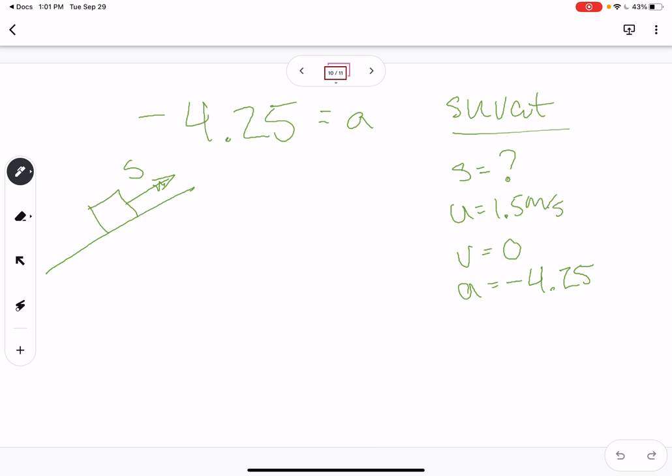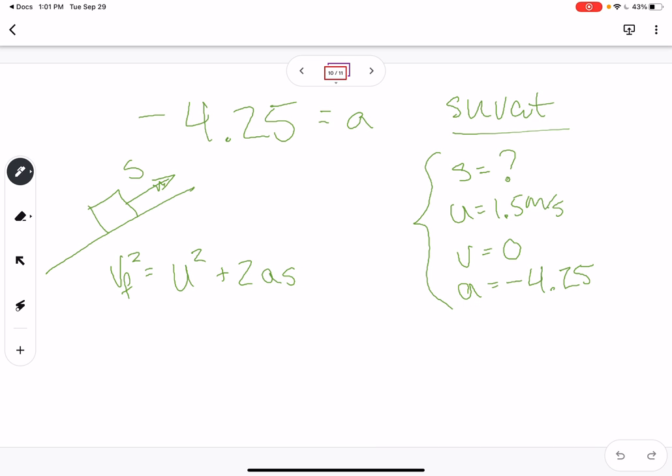And do we need time? No, we don't. So we're going to look for an equation that has these. If I look through my equations, I will find an equation that says V final squared equals V initial squared plus 2AS.